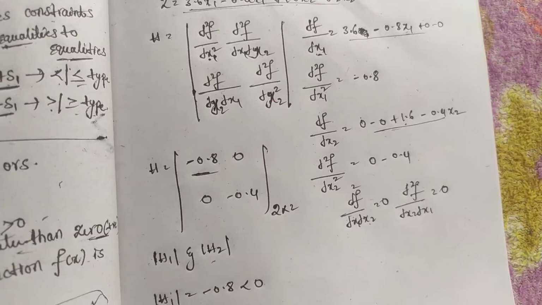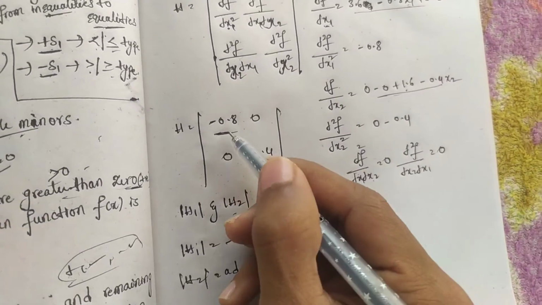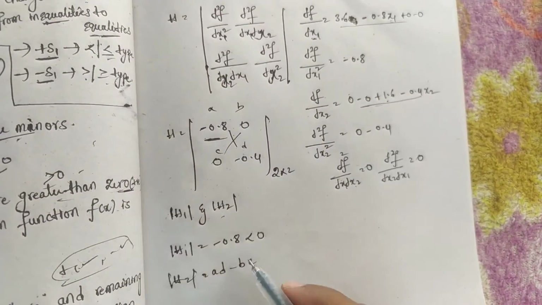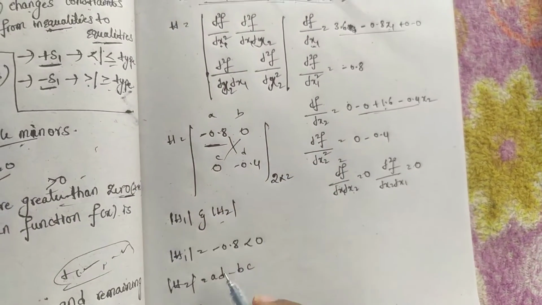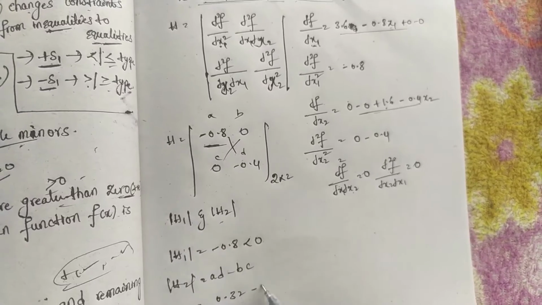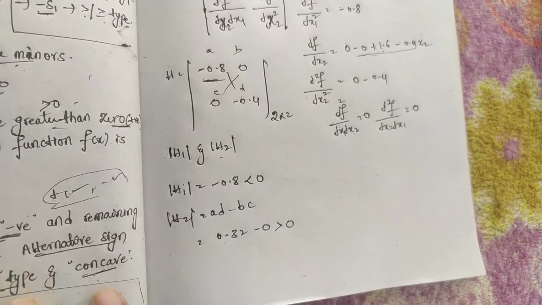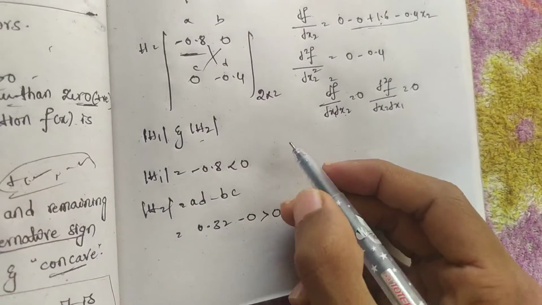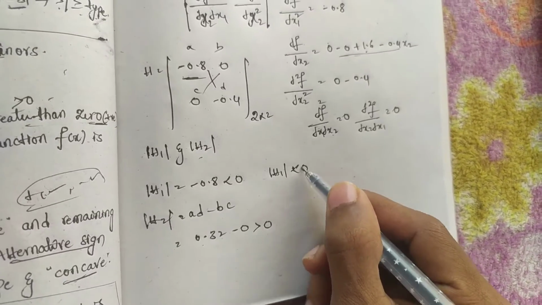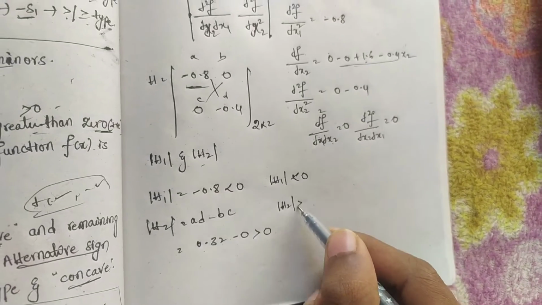Mod h2 means AD minus BC: minus 0.8 into minus 0.4 minus 0 into 0, which is 0.32 minus 0, so 0.32 is greater than 0. Here you can see mod h1 is less than 0 and mod h2 is greater than 0.